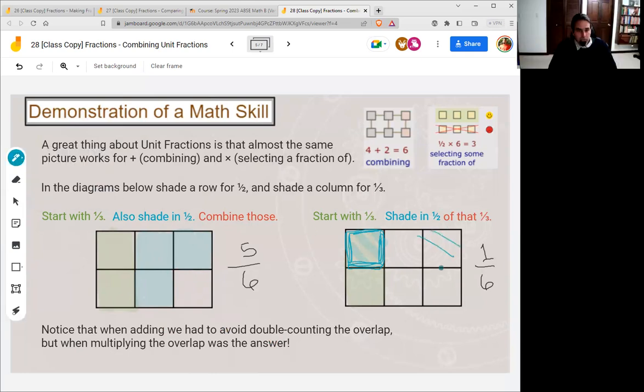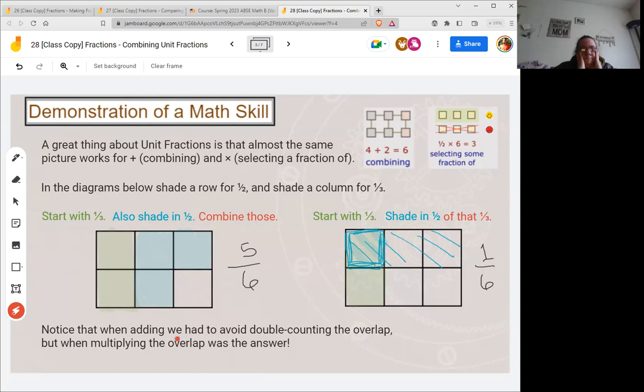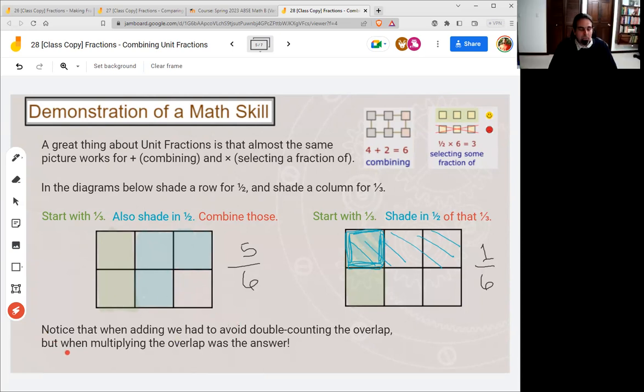Where the half and the third overlapped, that is the answer. It's not something we avoid. Everyone okay with that? Replay this part of the video if you need, because it's a subtle thing.